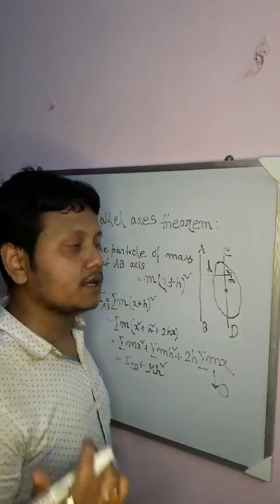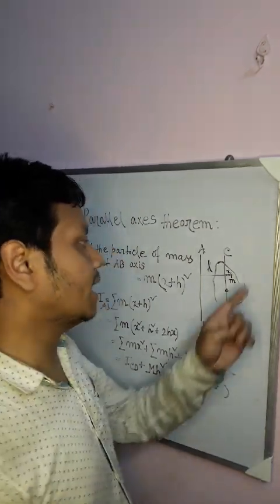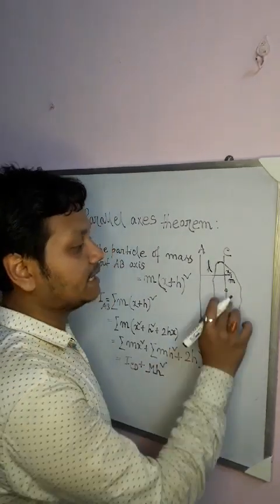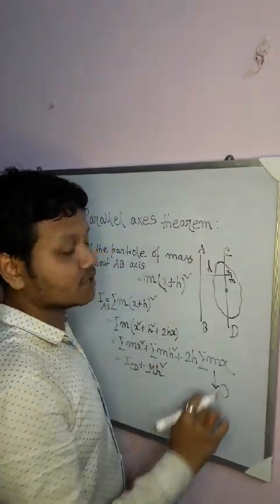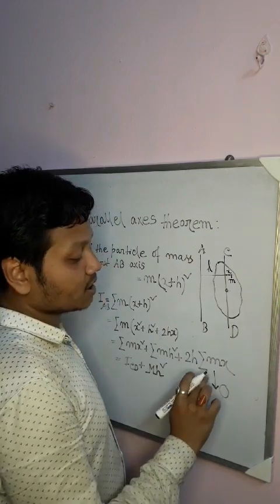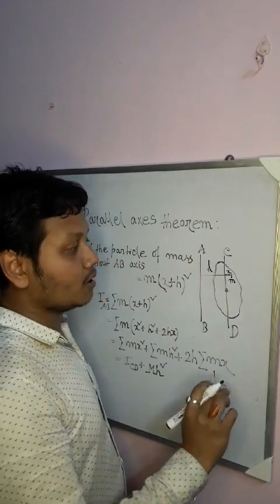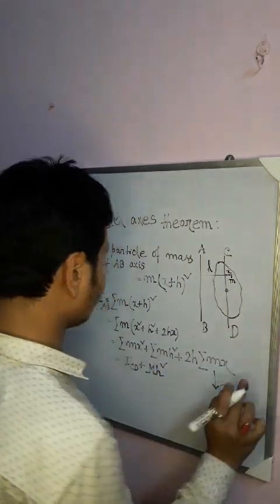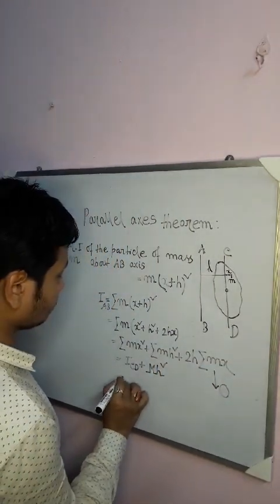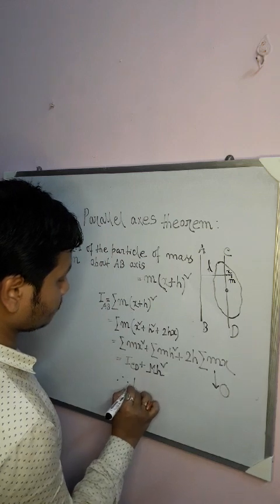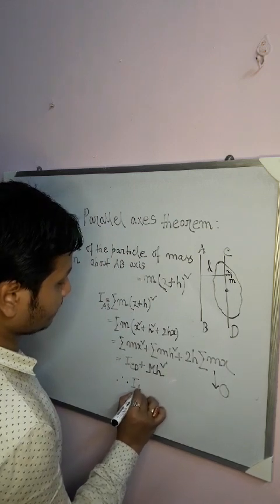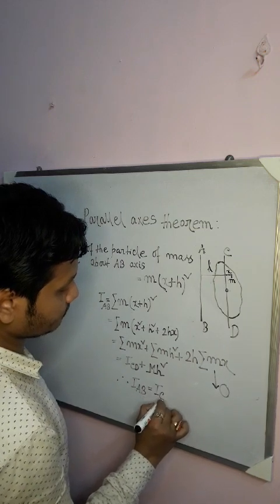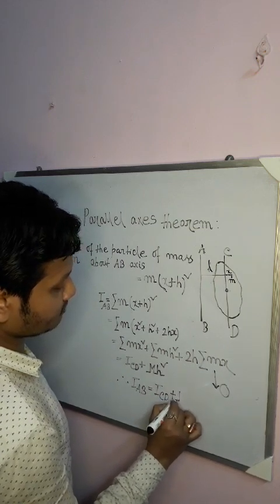In general you can say the entire body is balanced about the center of gravity. That's why the sum of the moments of weights is 0. So this term vanishes, so you get the result. The ultimate result is I AB equals I CD plus M h square.